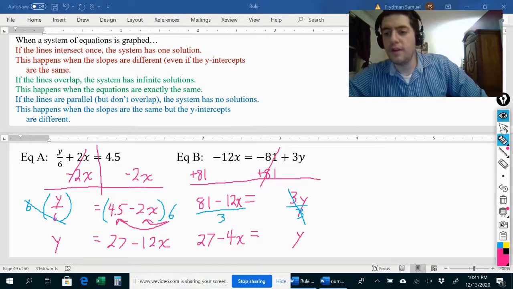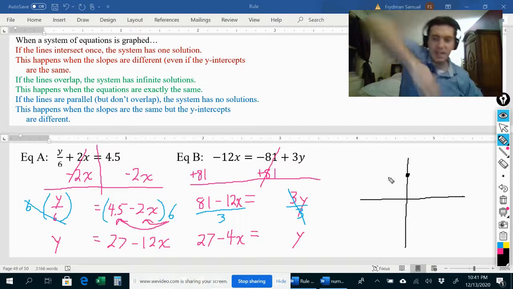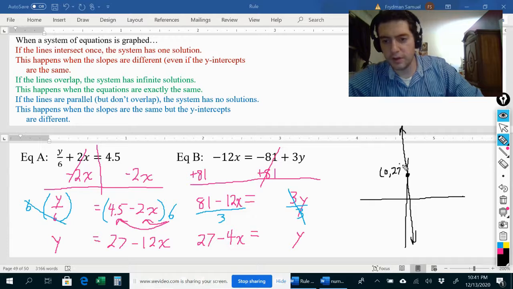Okay, so if I were to sketch this quickly, the y-intercept here would be at (0, 27), and then the slope is negative 12. So that's going to be a really steep slope, but in the negative direction. So maybe something like this. Okay, and we'll say that this is (0, 27) over here.